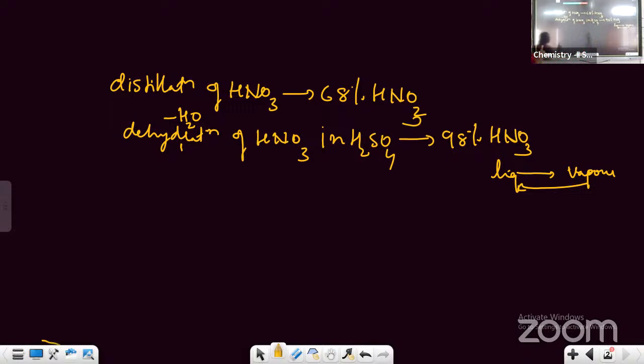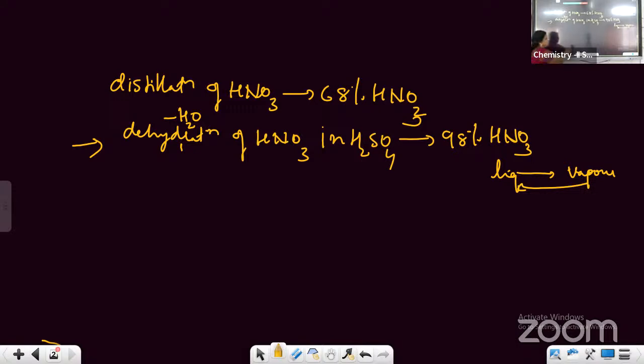In a single step it's not possible to get 100%, so we do it stepwise. In the second step, we dehydrate the nitric acid, removing the water molecules. When you dehydrate the nitric acid, we get 98% HNO3, which means still not 100% HNO3. Please write down that.